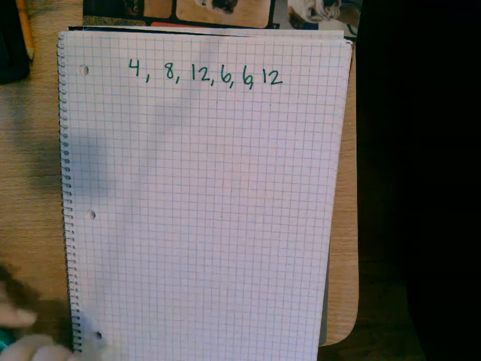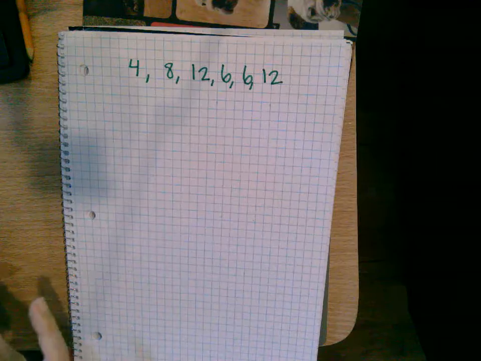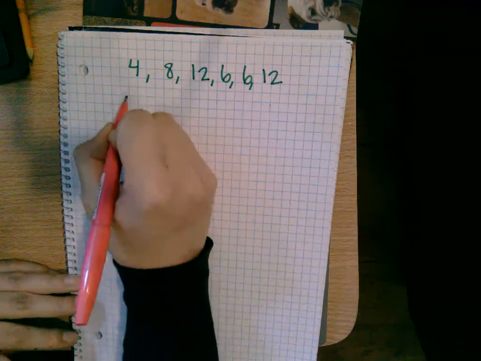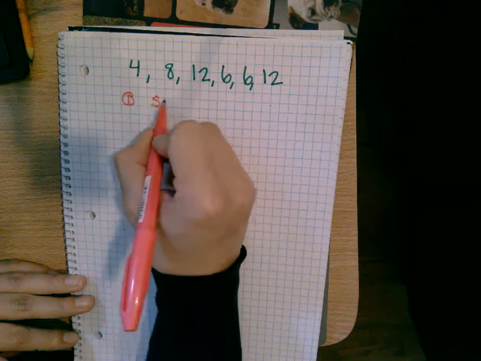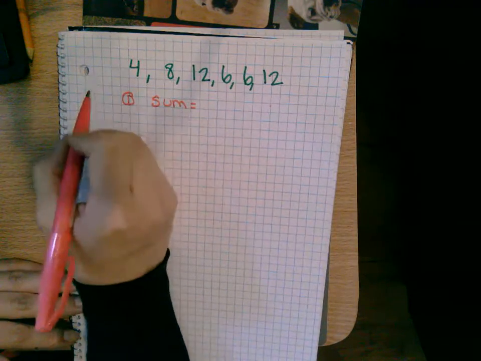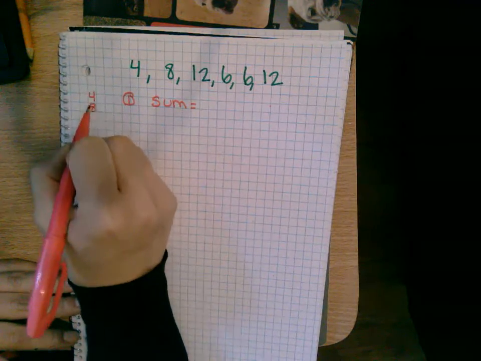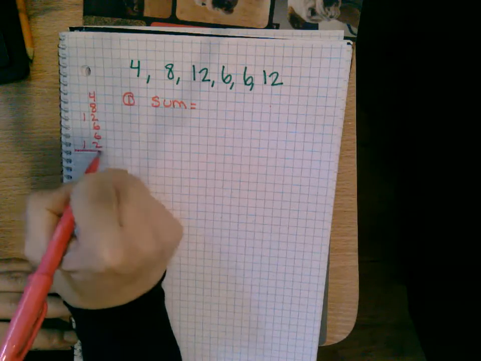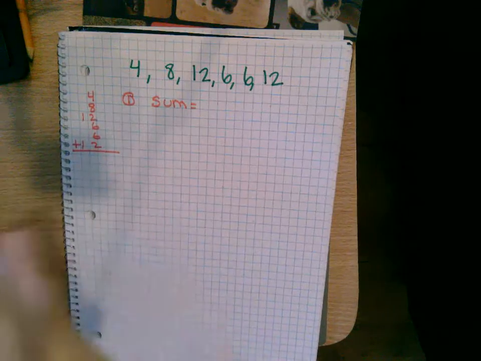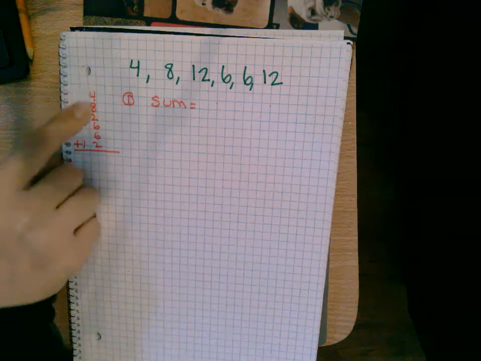Another 12. Ooh, more numbers. Okay, so the first thing I want you to do is to add all the numbers. So go ahead and add and tell me what the sum equals. Add them on the side. Some of you can probably add them in your head or take some shortcuts. That's fine. But we're adding all the numbers.